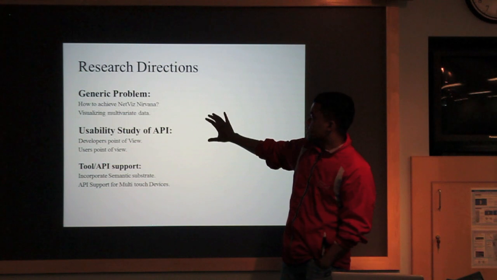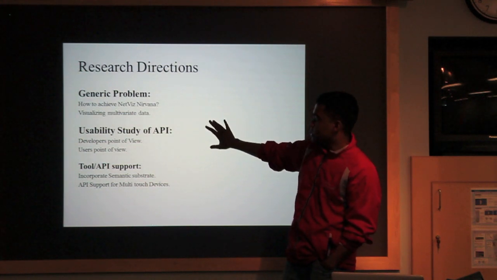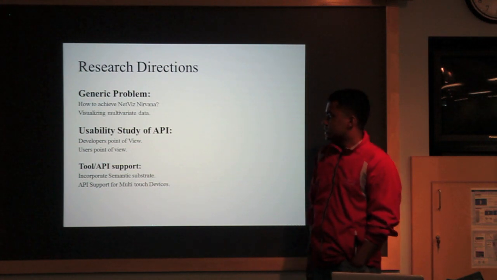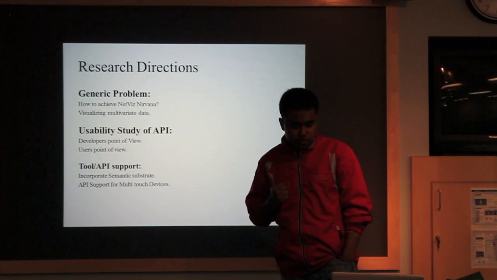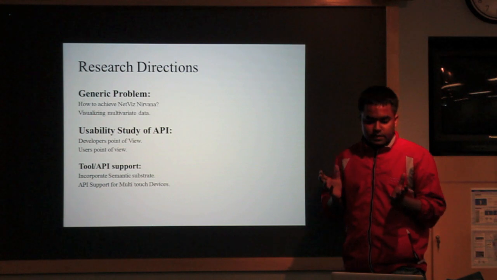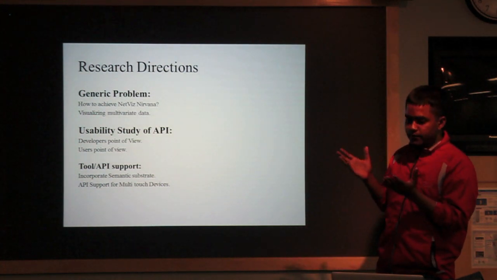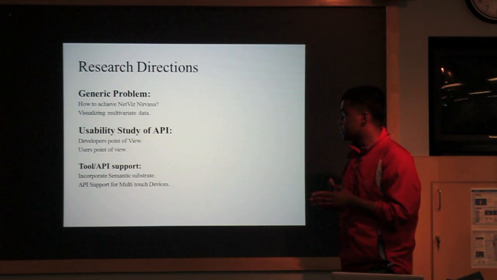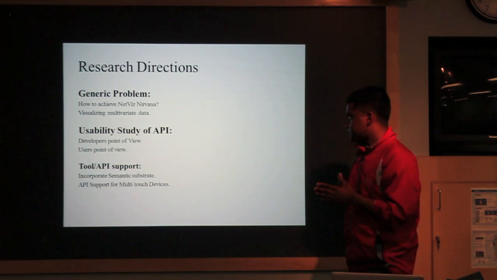Another area is usability study of these APIs. It can be from 2 perspectives, the developer's point of view and the user's point of view. When you conduct a usability study with developers, you can find what features or functions developers like to see in a network visualization API.